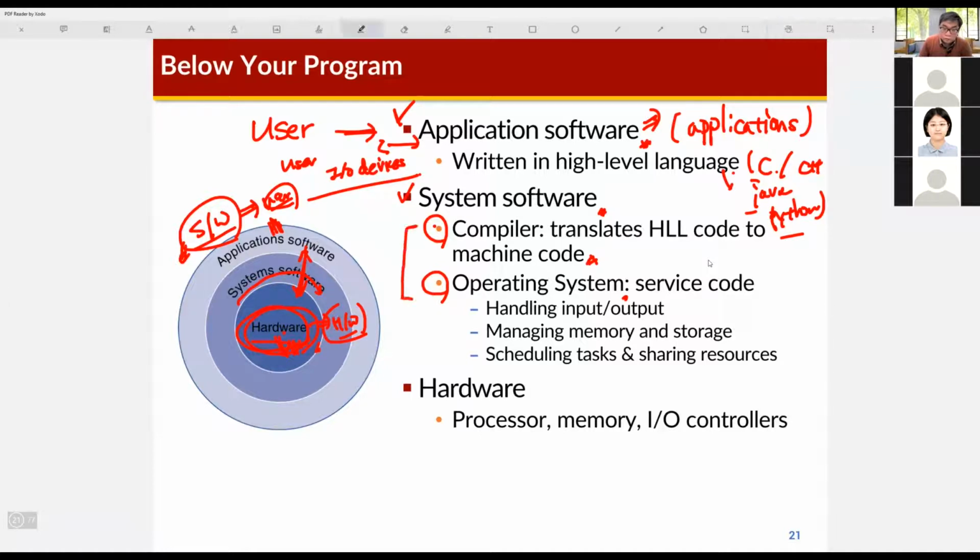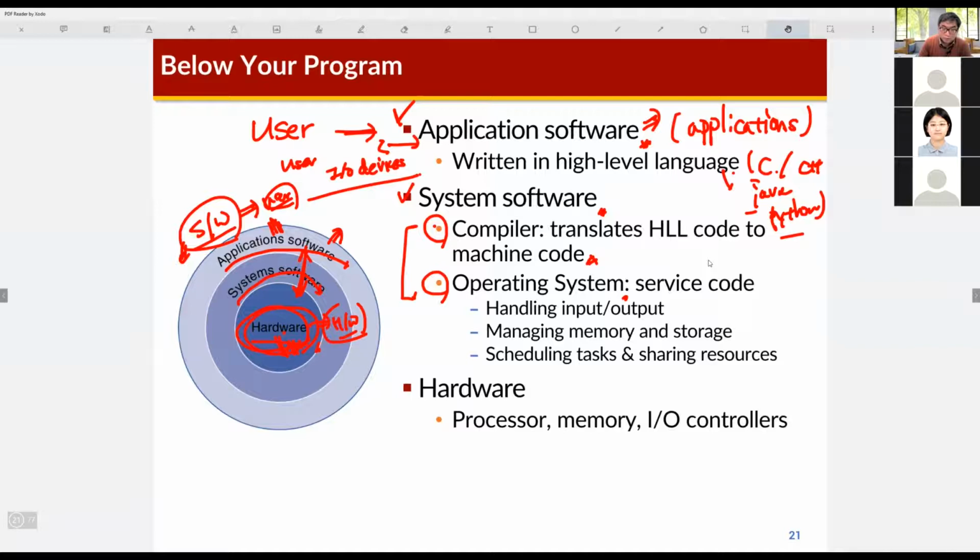So, the application software engineer needs to learn how to write code using a high-level language. And the system software engineer needs to understand how to control the hardware.